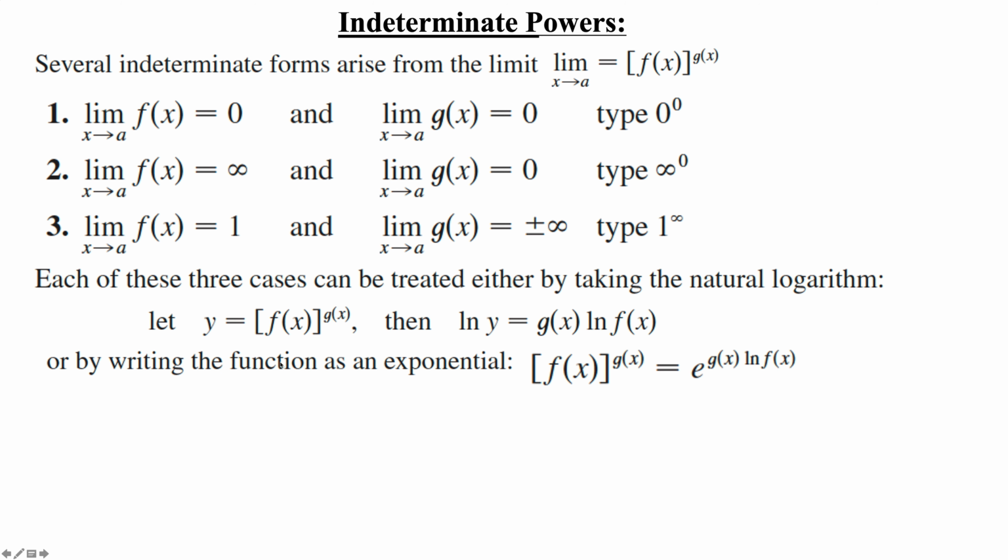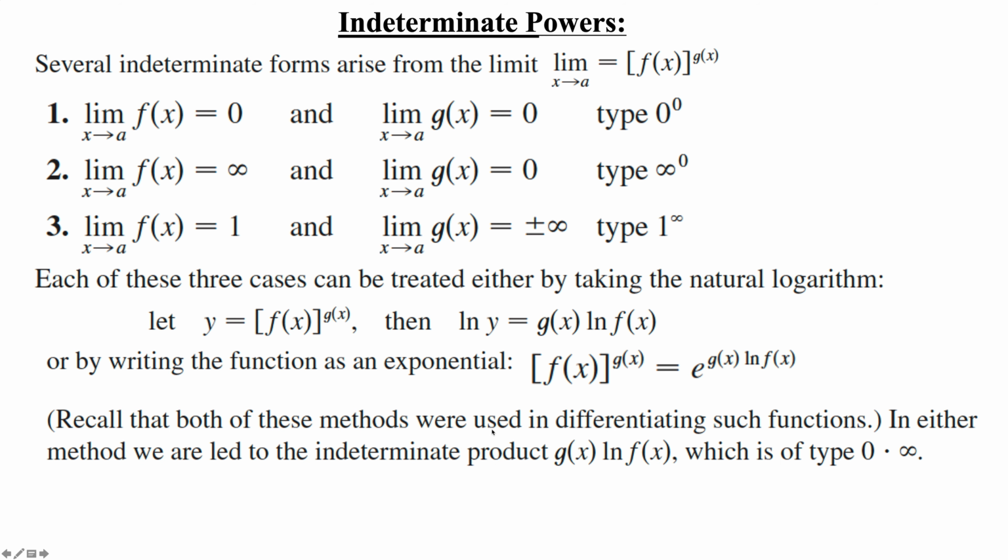Or you can write the function as an exponential. F of x to the g of x is equal to e to the g of x times the natural log of f of x. Two possible ways of writing this.